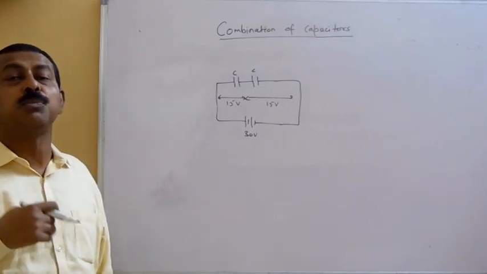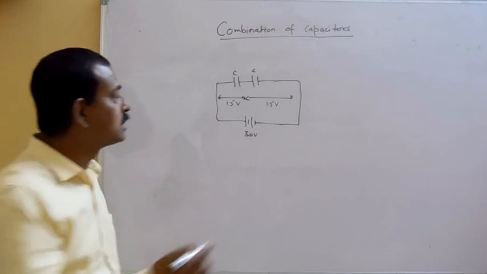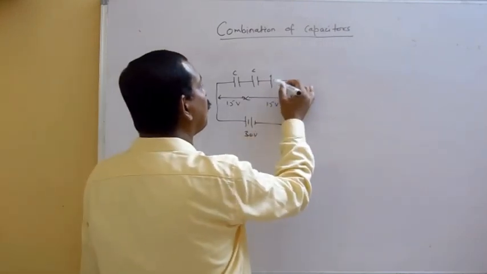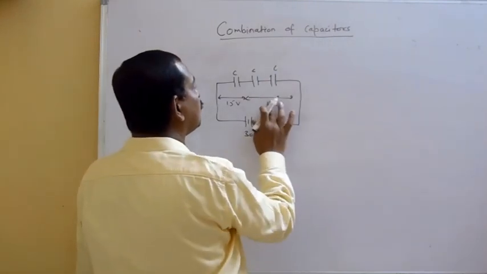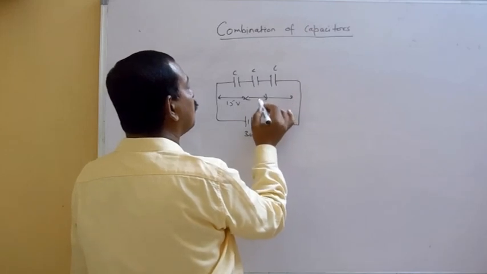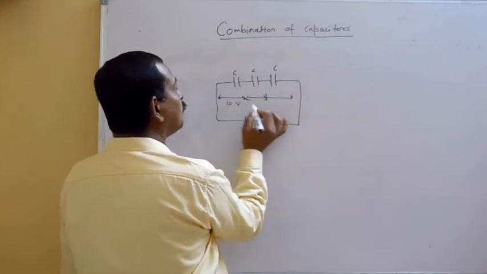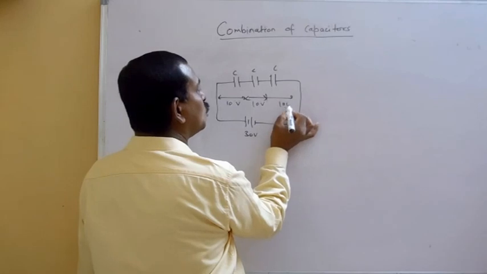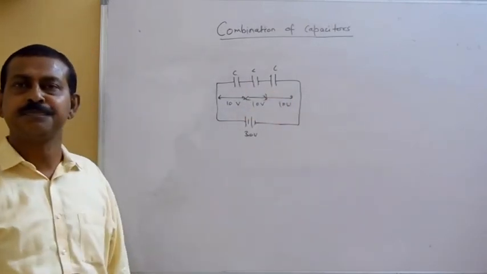If we use, suppose, three identical capacitors, then this will become 10 volt each.